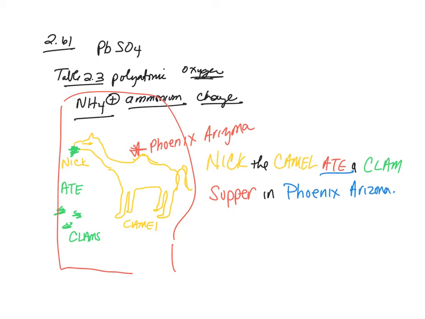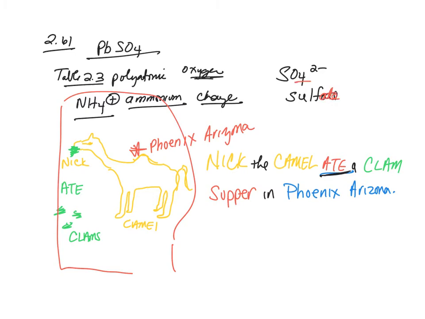So 8. So when you're memorizing your polyatomics, that's how I remember it. 8 is like SO4. It's SO4 2 minus, and this is sulfate. And you have to memorize that. Okay, sulfate. And you see the 8? So these are your 8s, and they have oxygens.